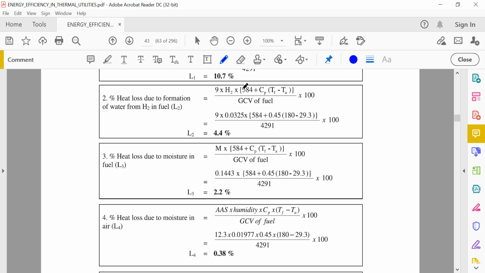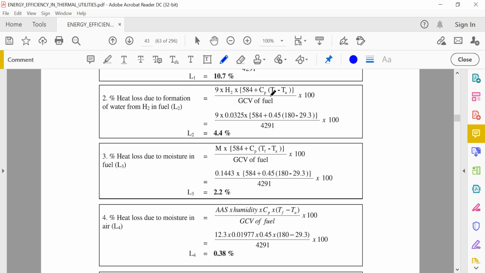This is basically the latent heat that is required to evaporate the water, plus the specific heat of steam, and the difference of ambient and the actual temperature that we have already given.